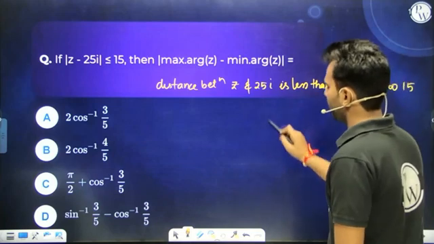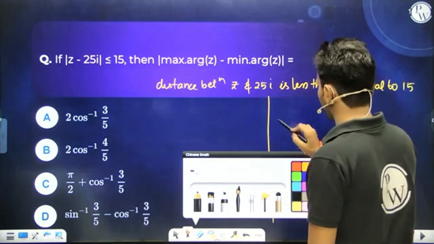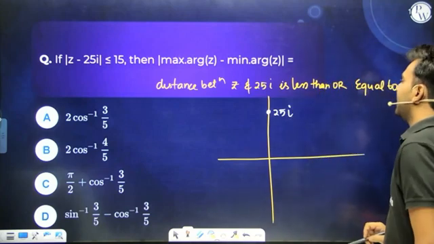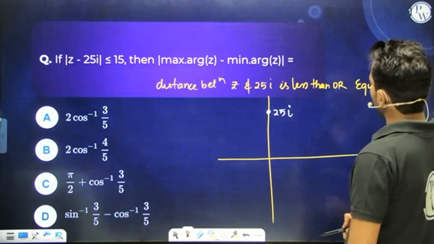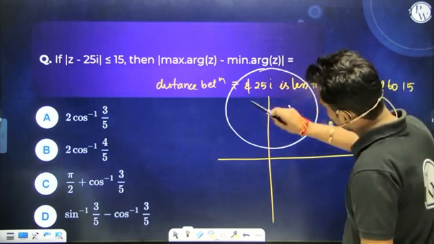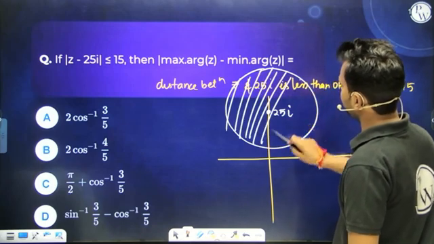Can you plot 25 iota? 25 iota is going to be somewhere over here. The distance between z and this 25 iota is less than or equal to 15, which means z can lie anywhere on this circle.